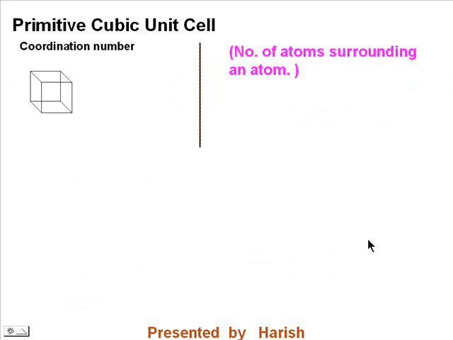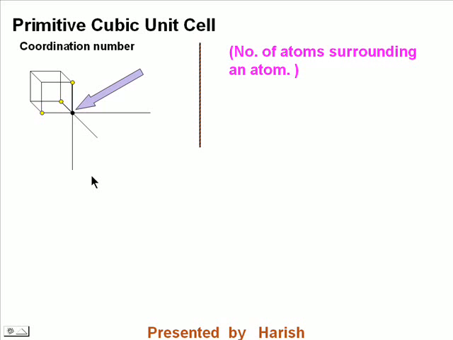Now it's about coordination number. What is coordination number? The number of atoms surrounding an atom. Let's take this atom. Let's find all the atoms that are surrounding it, which are at an equidistance from this particular atom. So I have 3 atoms which are at a distance of a from this particular atom, and so is the coordination number going to be 3?